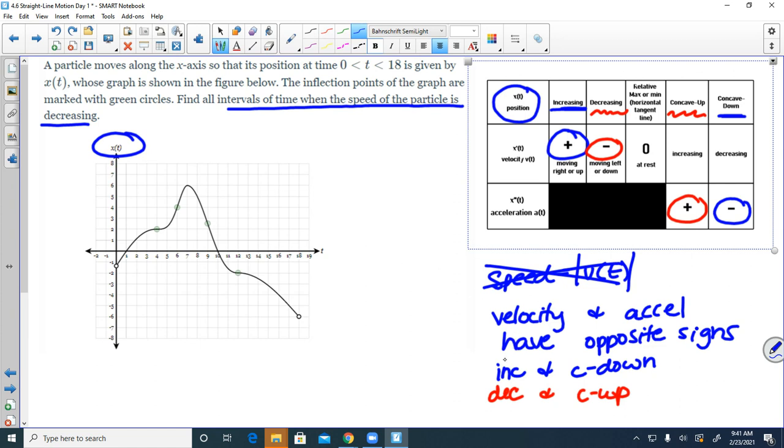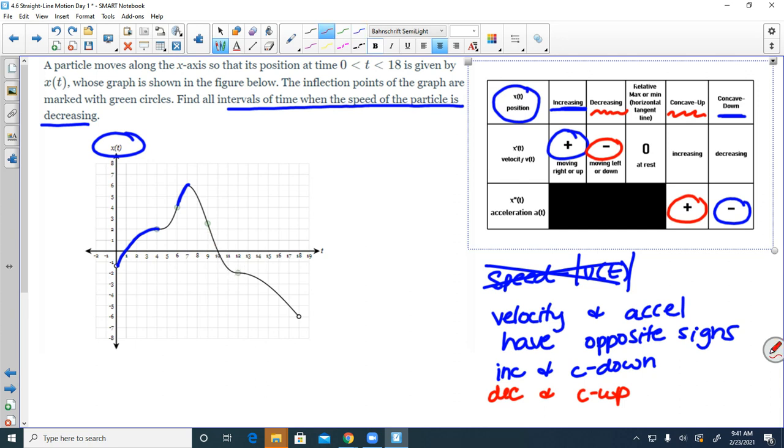So let's first try increasing and concave down. Increasing and concave down looks like right here. So glad they told me where the inflection points are, because now it's concave up. So this part's increasing and concave up, which is not what I'm looking for. This part would be increasing and concave down. That's what I need, because there's an inflection point there. Then after that, decreasing and concave down.